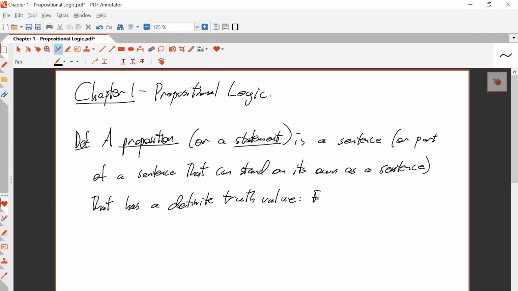Definite truth value, either true or false.